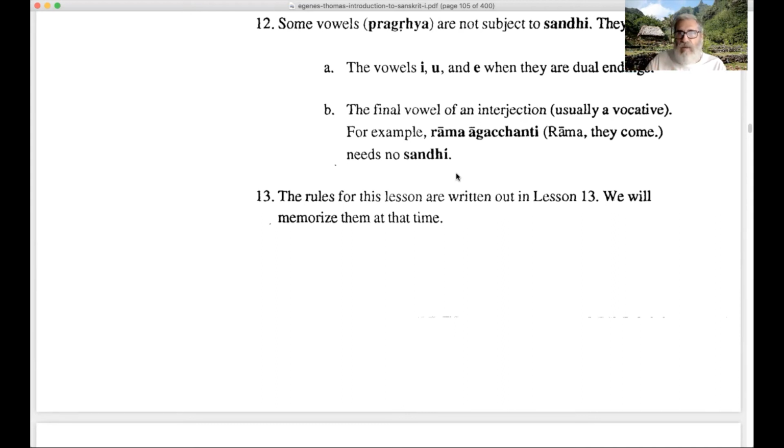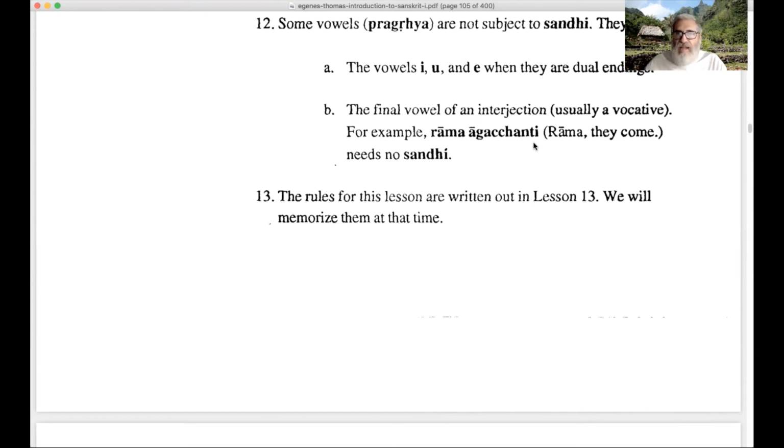So let me give you an example so you can understand. Rama agachanti. Agachanti is the verb; agach means to come. Agachanti is third person plural of the verb to come, so it means they come, they are coming. And Rama is in the vocative singular. It means, oh Rama, they come. So we're speaking to Rama and saying, Rama, they have come.